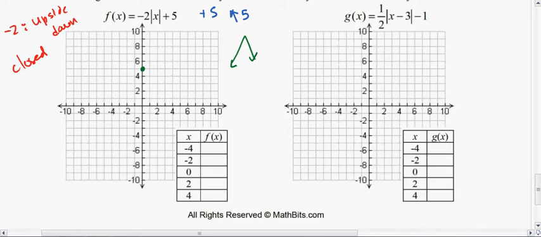So negative 2 times the absolute value of negative 4, plus 5. Absolute value of negative 4 is 4, times negative 2 is negative 8, plus 5 is negative 3. Absolute value of negative 2 is 2, times negative 2 is negative 4, plus 5 is 1.